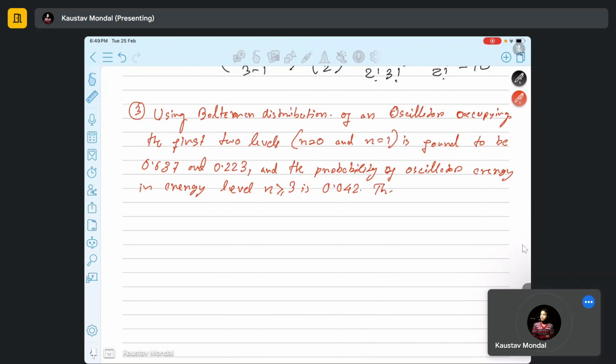Then what is the probability in the n equal to 2 level?